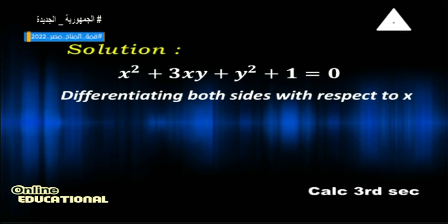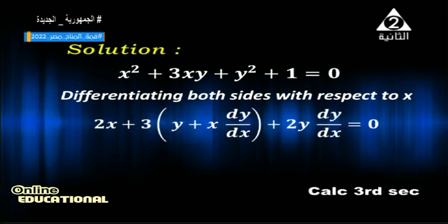By differentiating both sides with respect to the variable x, we get the derivative of x² is 2x, plus 3 times the derivative of xy, which is y plus x dy/dx, plus the derivative of y², which is 2y dy/dx, and the derivative of the constant 1 equals 0.